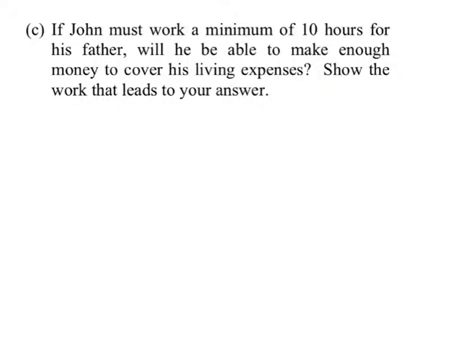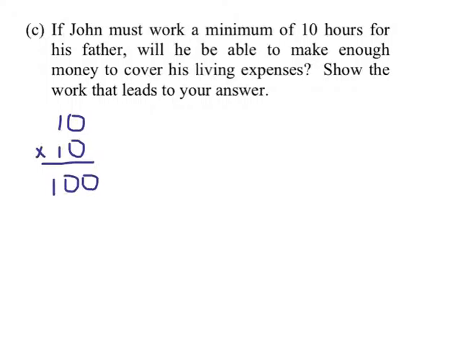In part C it says John must work a minimum of 10 hours for his father. Will he be able to make enough money to cover his living expenses? Show the work. If you take a look at it, John's dad is the mowing job, so he does 10 hours minimum. I'm going to go with the minimum because that pays the least. Times $10 an hour, that's 100 bucks.